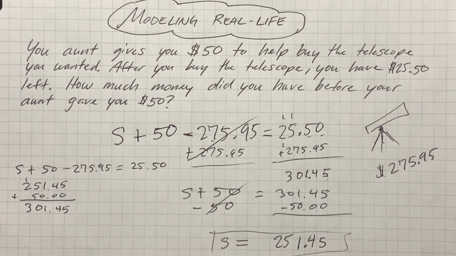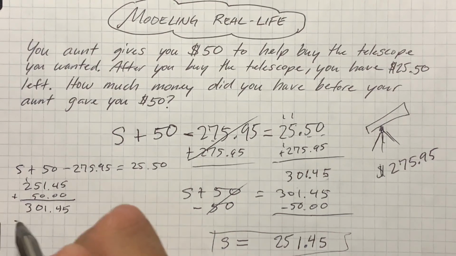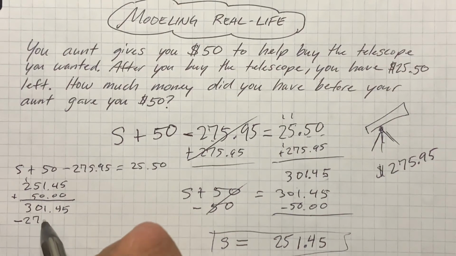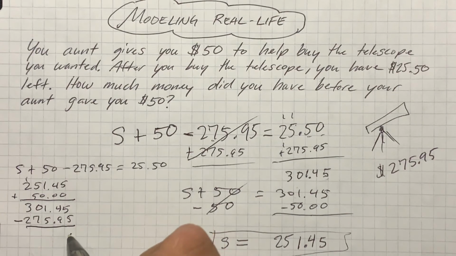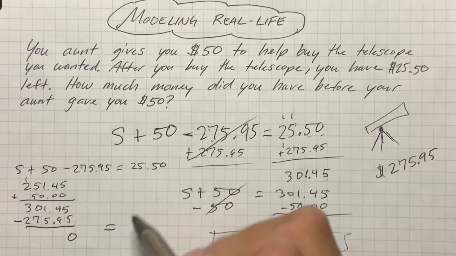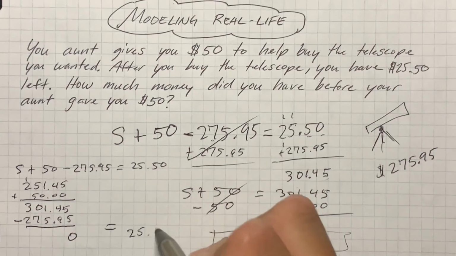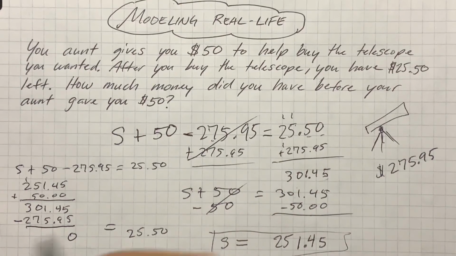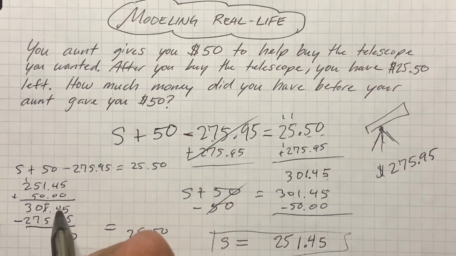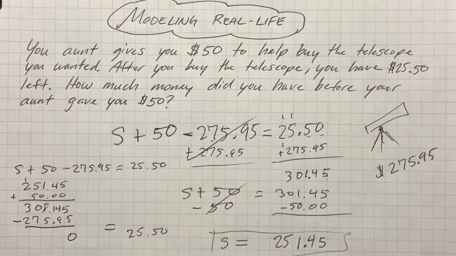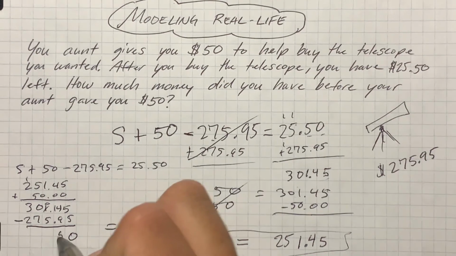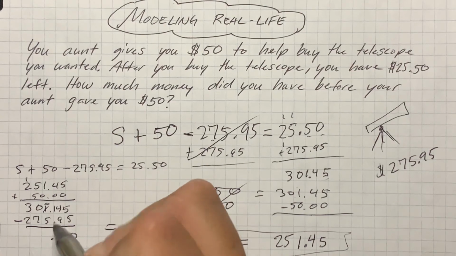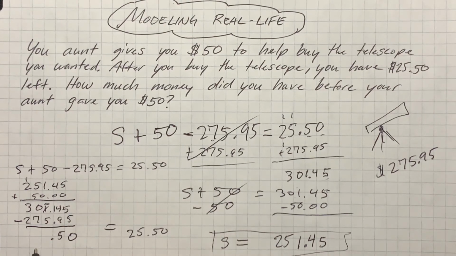All right, and then we're going to subtract $275.95. 5 take away 5 is 0, and this should equal $25.50, by the way. We're going to borrow here. This is going to be 14, I mean. So 14 take away 9 is going to be 5. Okay, and then we have 300 take away 275. We're left with 25.